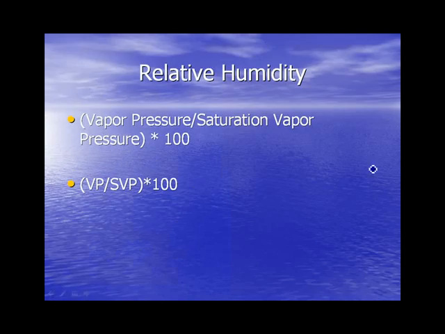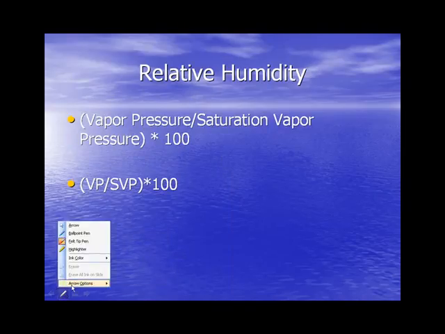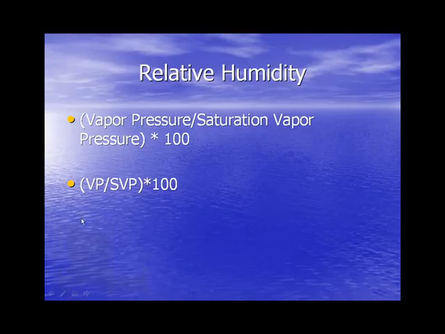Let me give you a formula. Vapor pressure divided by saturation vapor pressure times 100 gives you something we call relative humidity. That's what we mean by relative humidity.